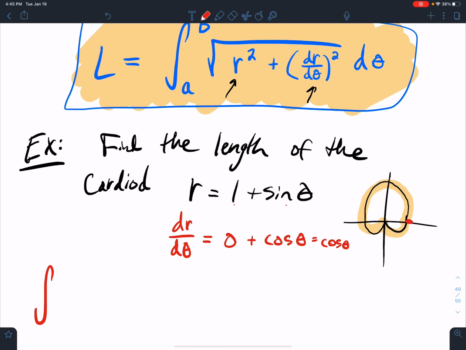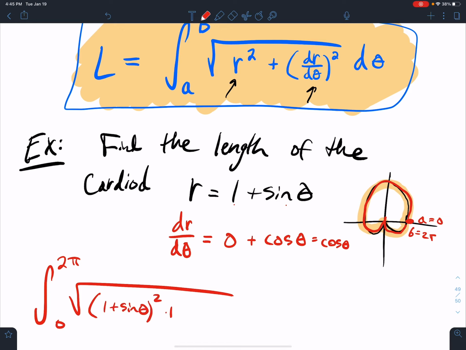Well, a starts at 0, and I go all the way around to b equal to 2 pi. So 0 to 2 pi, the square root of r, which is 1 plus sine theta, squared, plus dr/d theta, which is cosine theta, squared, and then d theta.